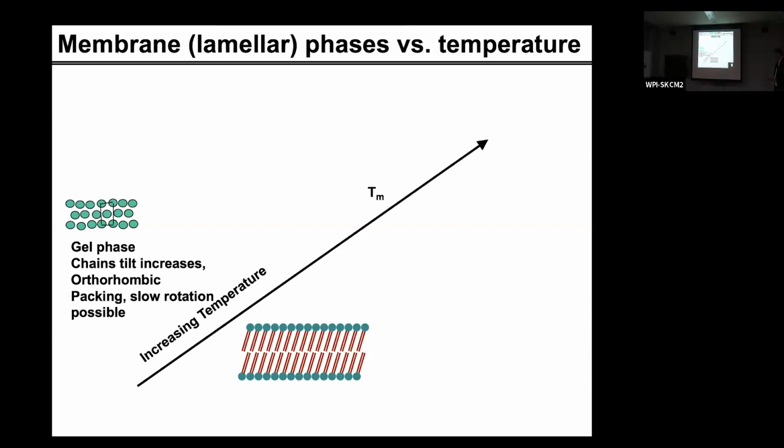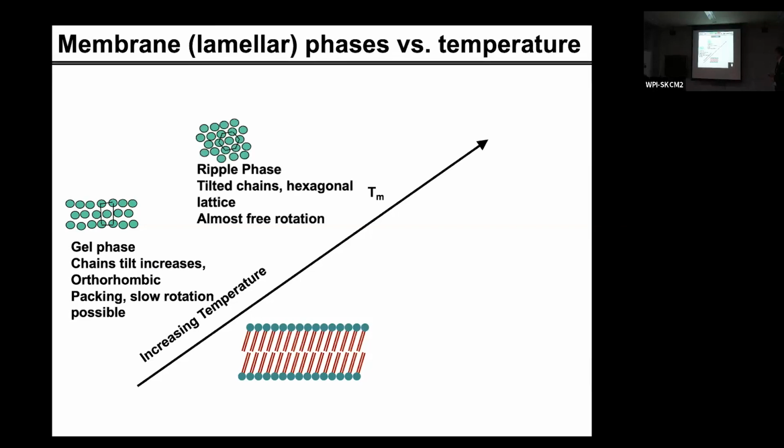But if you would explore the phase diagram of these lipid molecules, you would see as you start at low temperatures, you actually can have crystalline phases of these lipid molecules, where you can have different types of positional ordering and different symmetries associated with them.